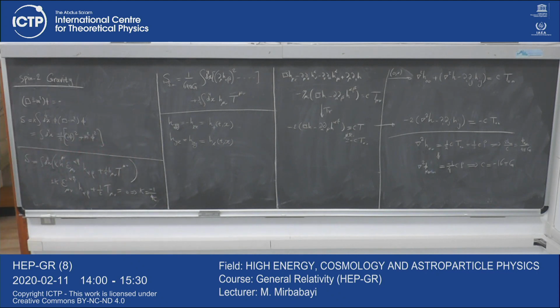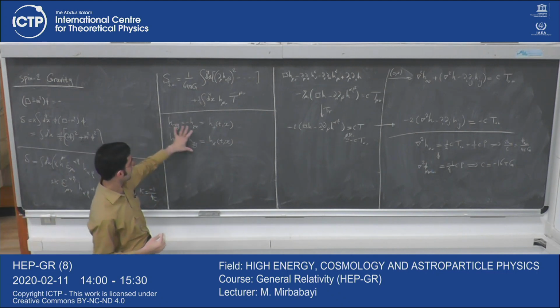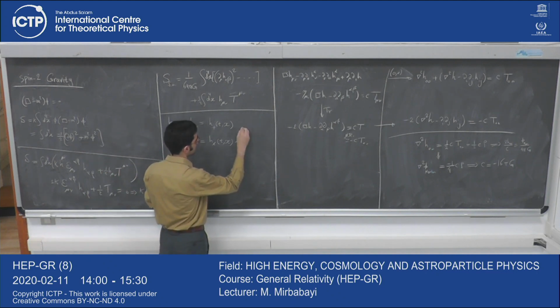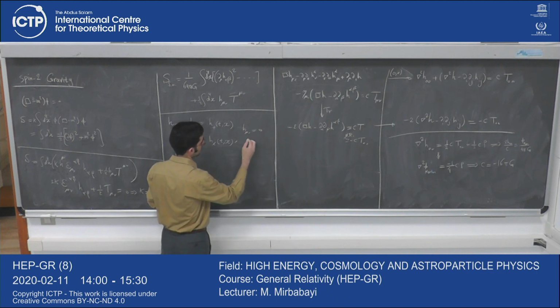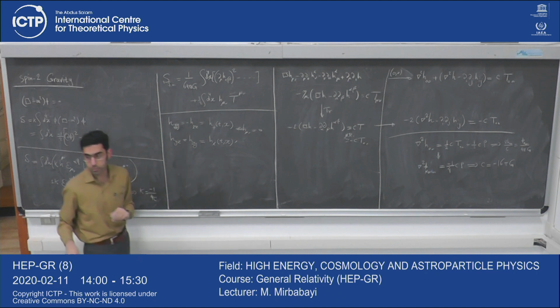And for this configuration, we can ask what is the energy momentum tensor, or in particular, what is the energy flux. And for this particular choice, all other h mu nu components are 0.